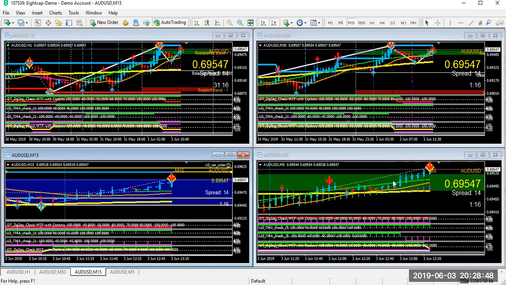Things like the orange timing line getting closer, crossing, and the dotted center line appearing would start to suggest the upward momentum is lifting.